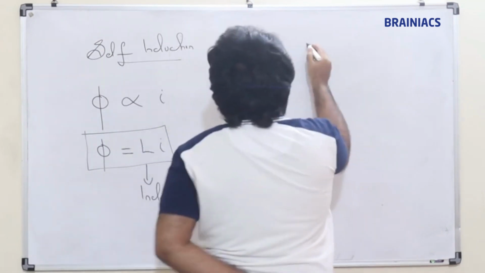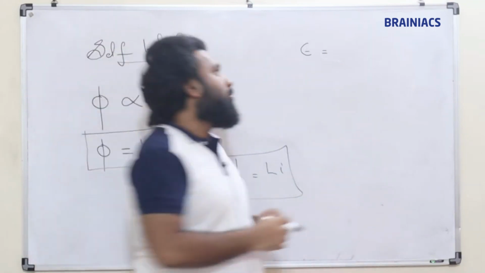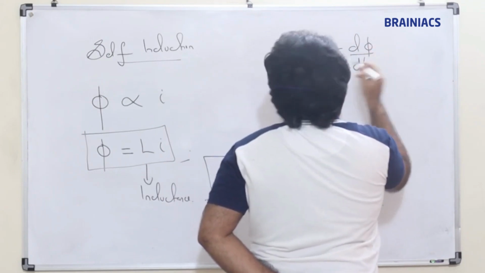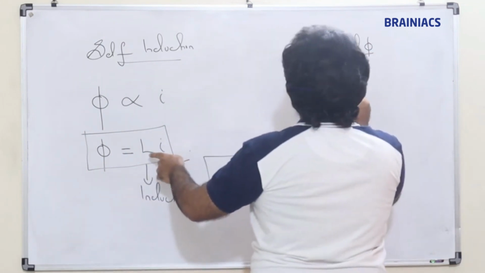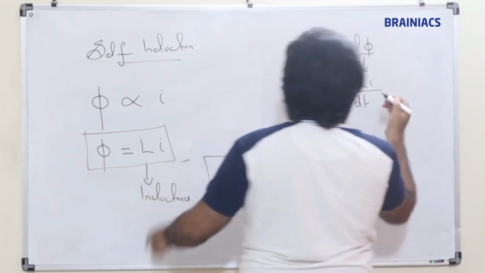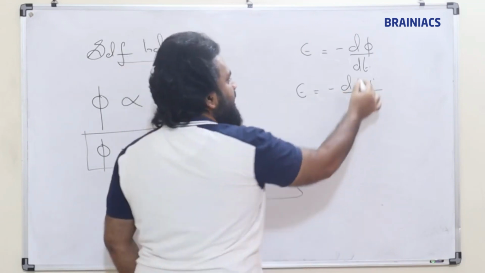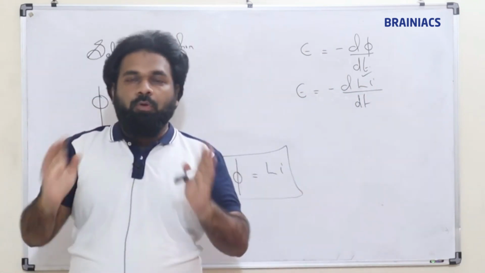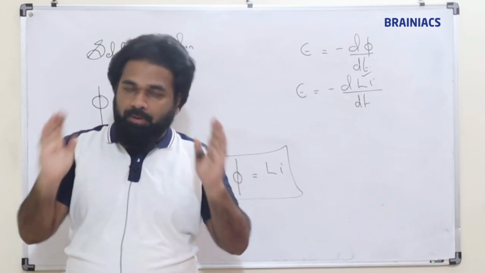So what is induced EMF? Induced EMF is equal to minus d phi by dt. So here E is equal to minus d(L I) by dt. Here L is constant for a particular solenoid, or for a particular inductor, or for a particular number of turns.